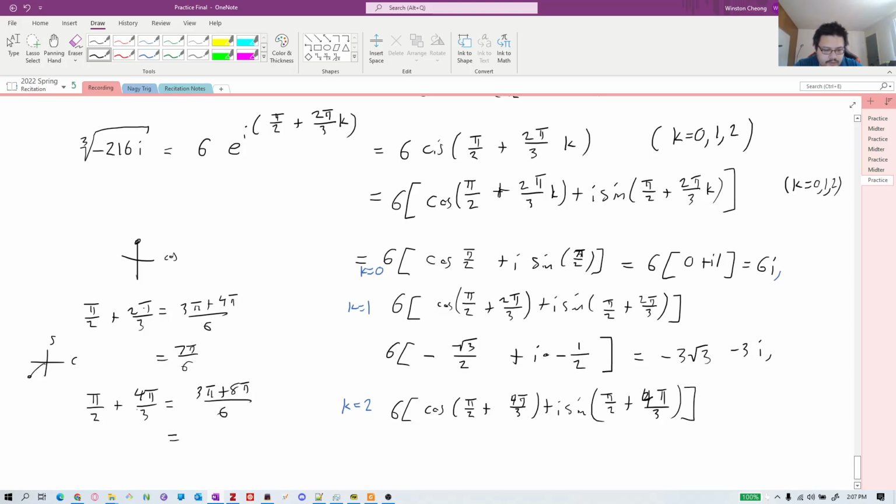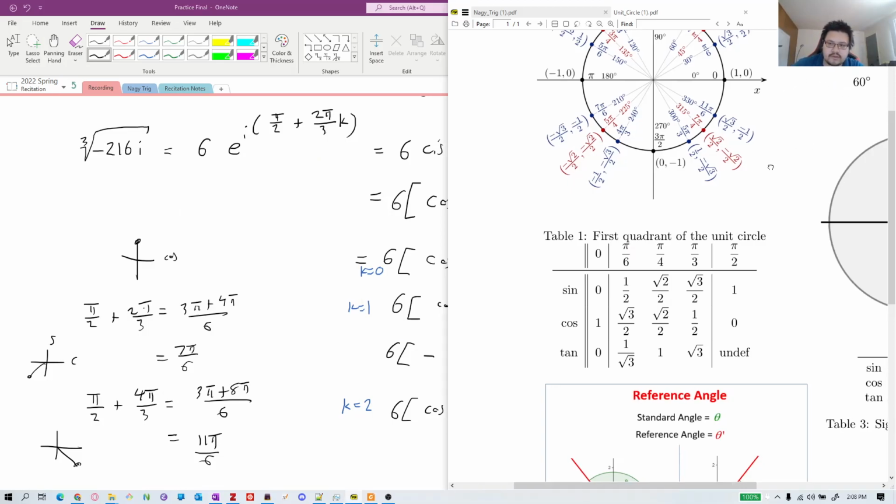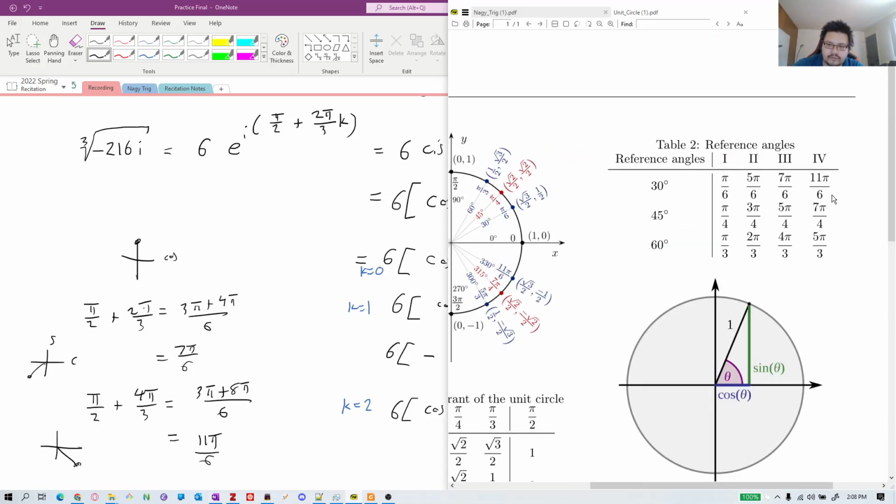When I get a common denominator, 11π/6. 11π/6 tells me that this is in the fourth quadrant. Which, if you didn't know, 11π/6, that's a 30-degree angle, fourth quadrant. The denominator of 6 tells us it's a 30-degree angle.